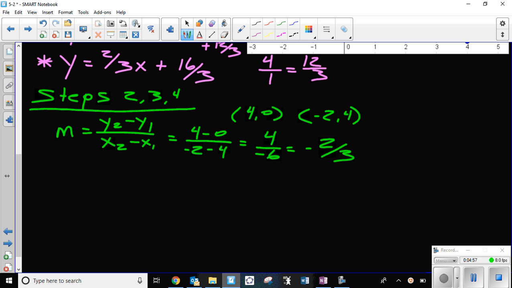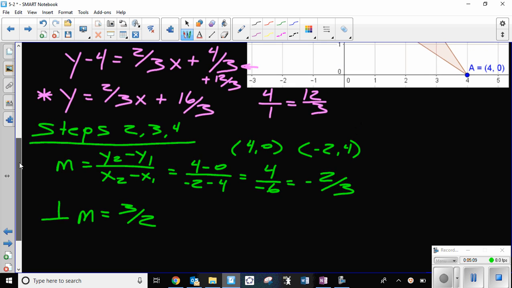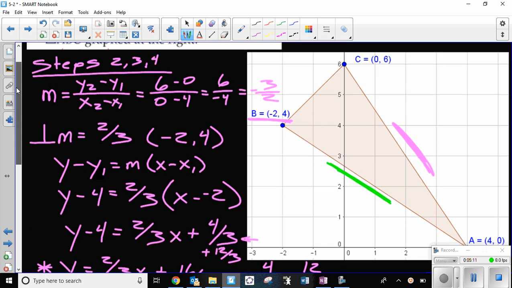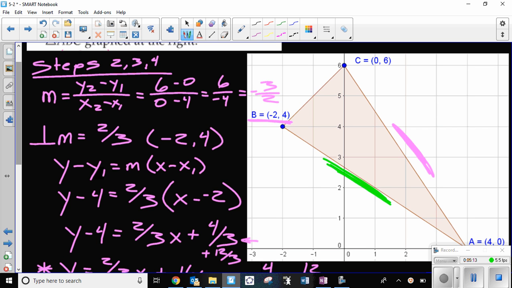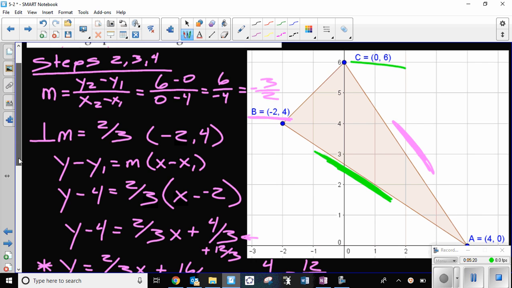Step 3 now is to find the perpendicular slope off of the slope that you just found. Opposite reciprocal should give me a positive 3/2. And then we can move on to step 4. We need to find the opposite vertex. So if I'm dealing with this side again, my opposite vertex has to be point C, which is 0, 6.